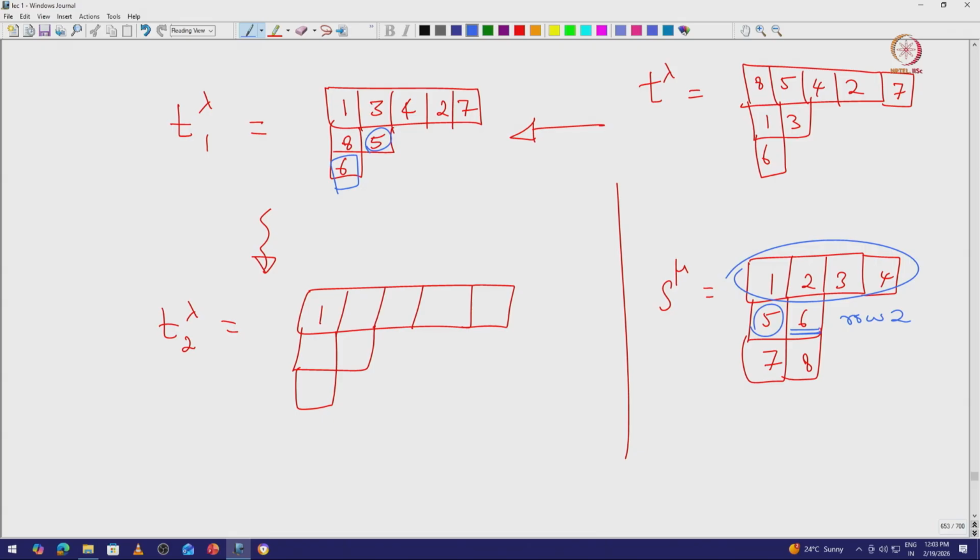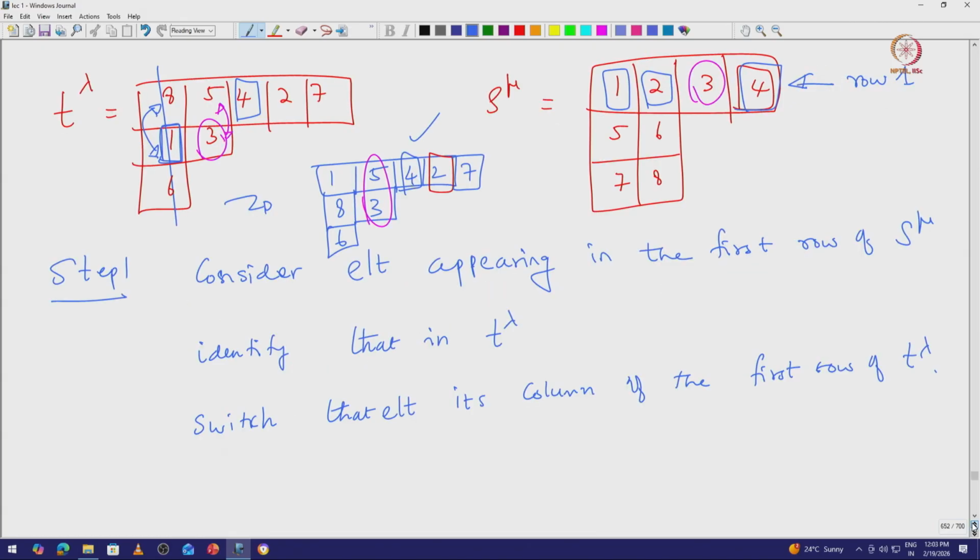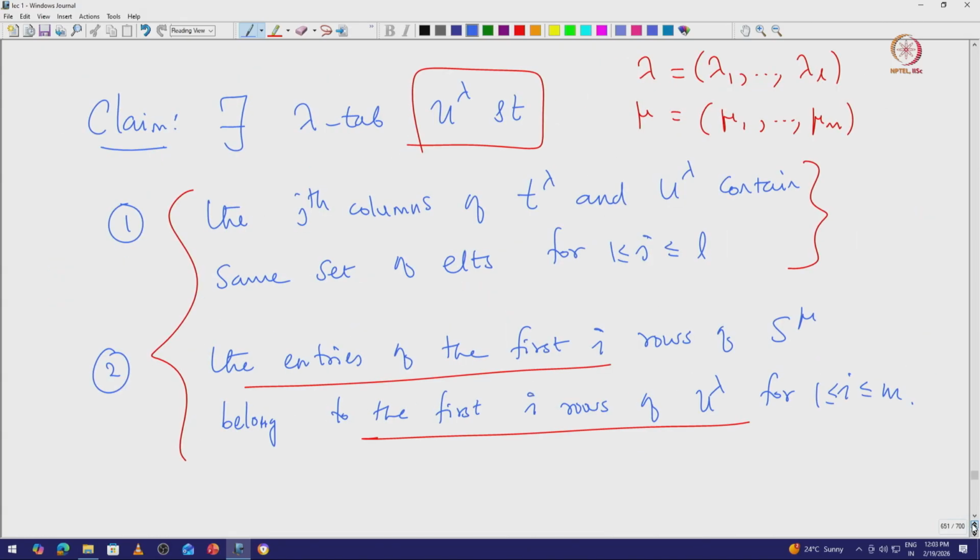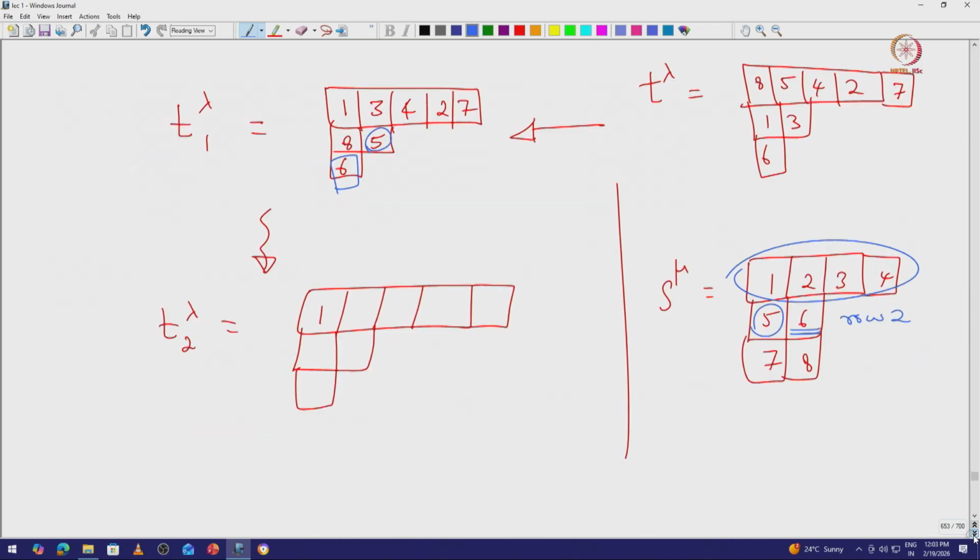Now, to make sure that the entries of the first I rows of S mu belong to the first I rows of T lambda, we need to switch this 6 with something. So, we identify the column where this 6 appears, which is the first column, and then you switch that with the second row of that first column.